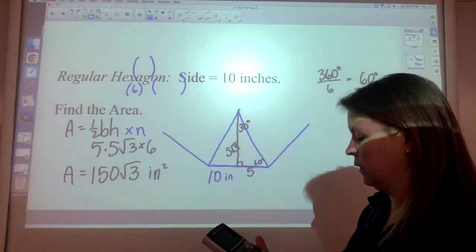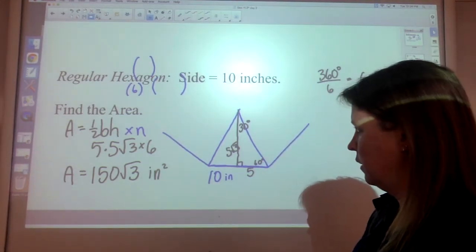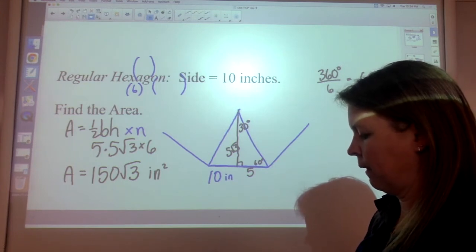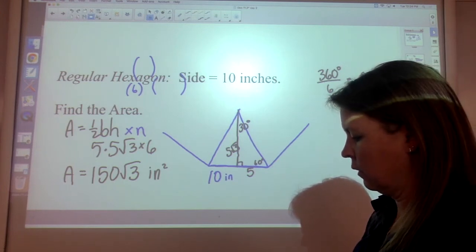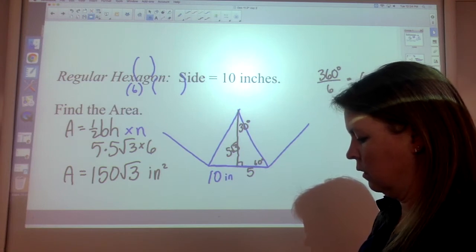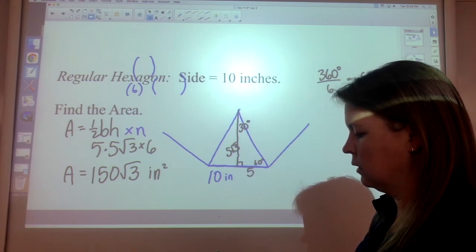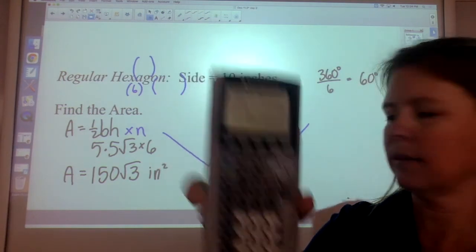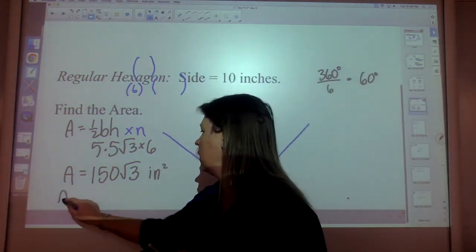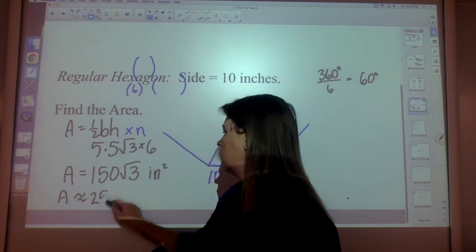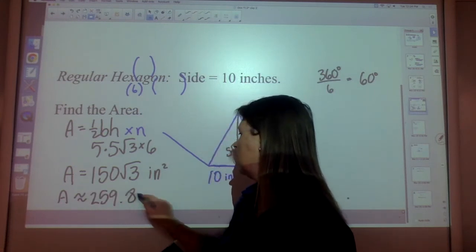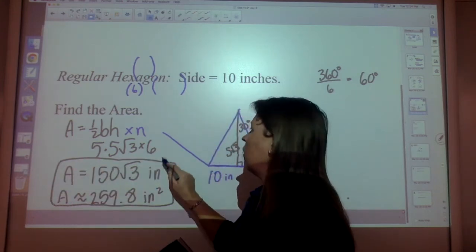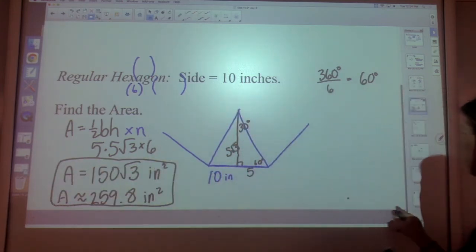Let's try this again. 150 times the square root of 3 equals 259.8. So area is approximately 259.8 square inches. That's better because we have to get the whole entire hexagon, not just the one triangle.